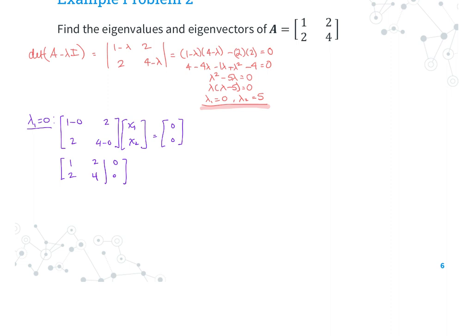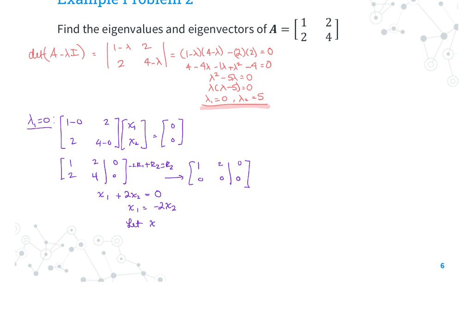And this is actually an easier reduction than we did on the last one, because we don't need to do anything to row 1. All we're going to do is say negative 2 row 1 plus row 2 is going to equal our new row 2, and we end up with 1, 2, 0, 0, 0, 0. So we have x1 plus 2x2 equals 0, or x1 equals negative 2x2.